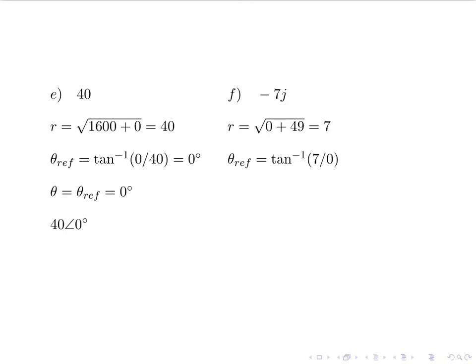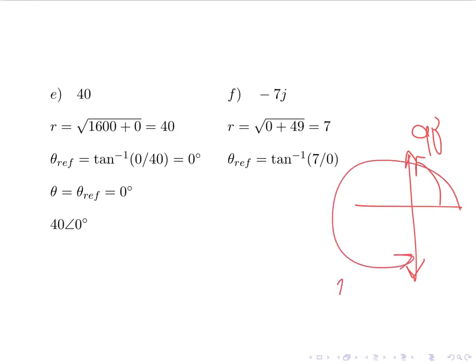But if we remember that tangent is the same as slope, we're looking for what angle has an undefined slope. Undefined slope is a vertical line, so that is either 90 degrees or it's 270 degrees.